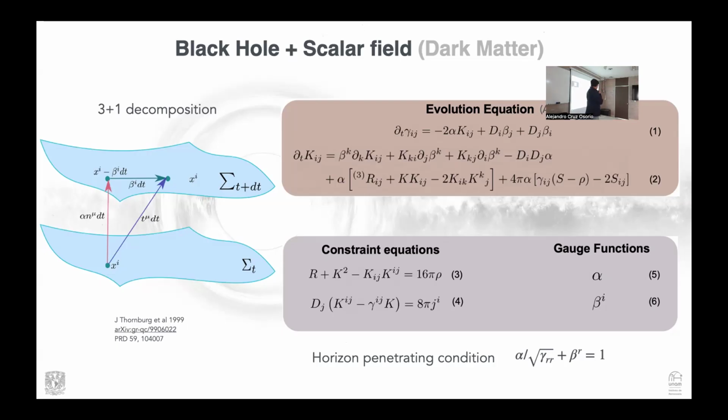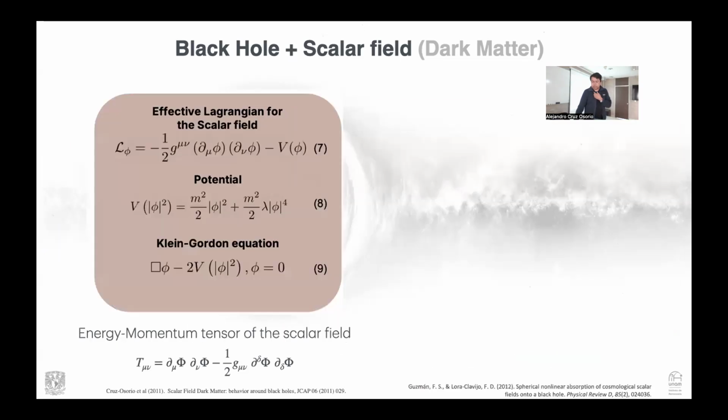The only condition is that we want horizon-penetrating coordinates into this two-dimensional surface that is the event horizon, because if we don't have it, then we will have singularities in our equations, and numerically this is a big problem.